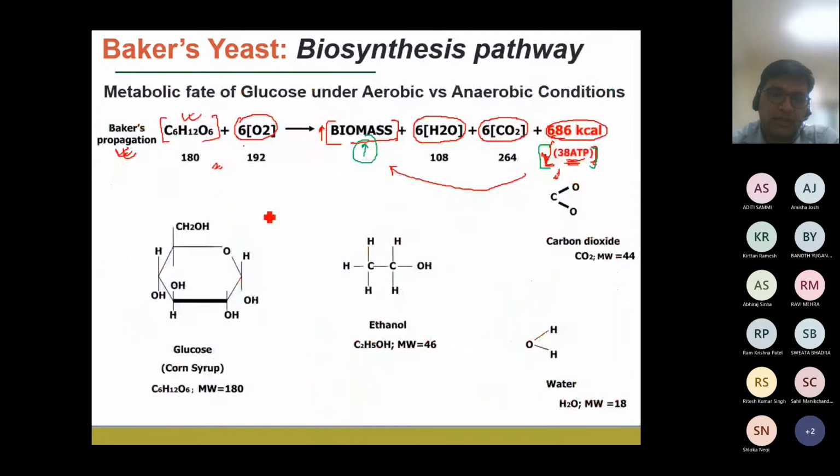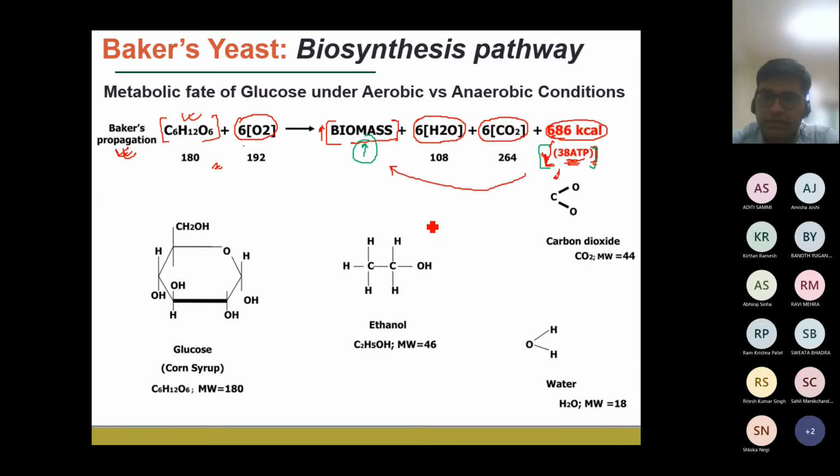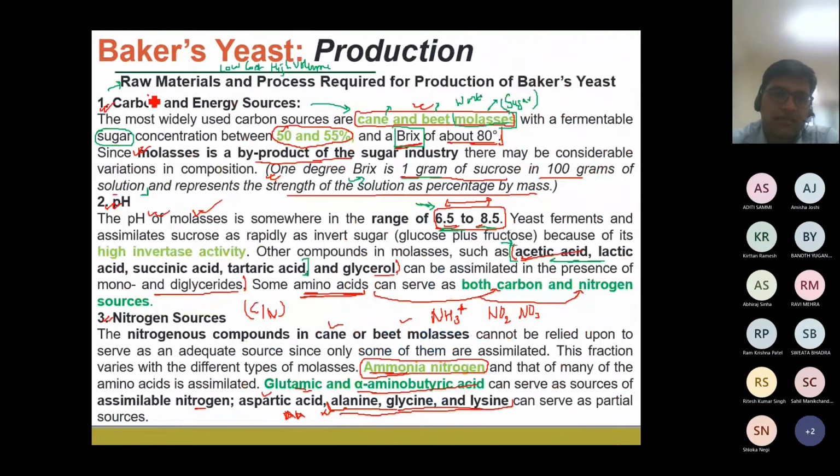If you look into the detailed pathway, each intermediate step has some enzymes, and the activation of those enzymes requires cofactors, vitamins or minerals. So, looking into the biosynthetic pathway, we can determine the raw materials necessary for the production of the Baker's yeast.